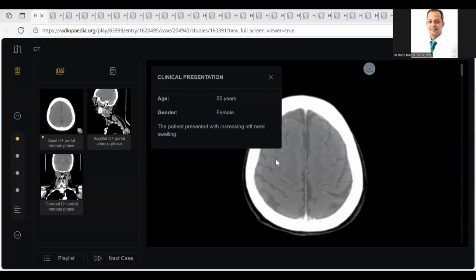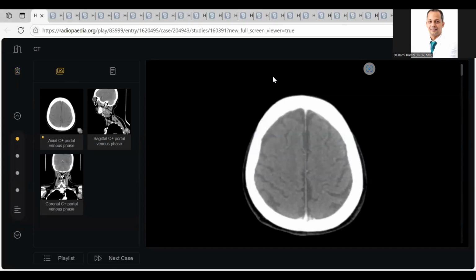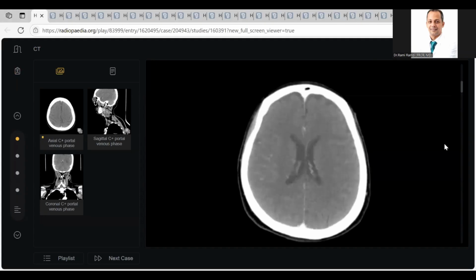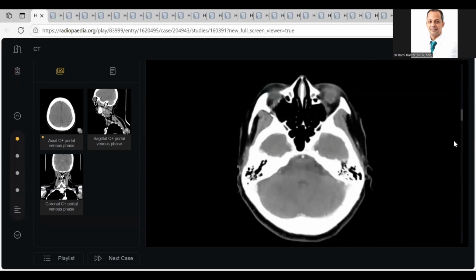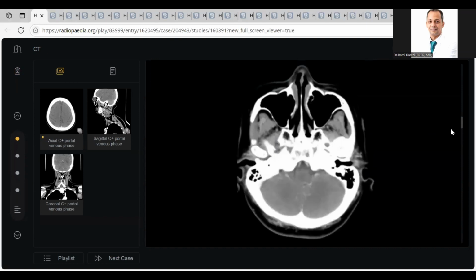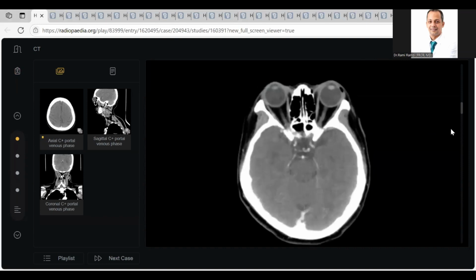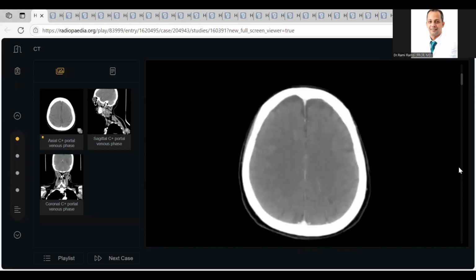Very fantastic. A 55-year-old female patient presented with increasing left neck swelling. I'm provided with a plain CT scan of the brain and a CT scan with contrast. I'm looking from top to bottom.